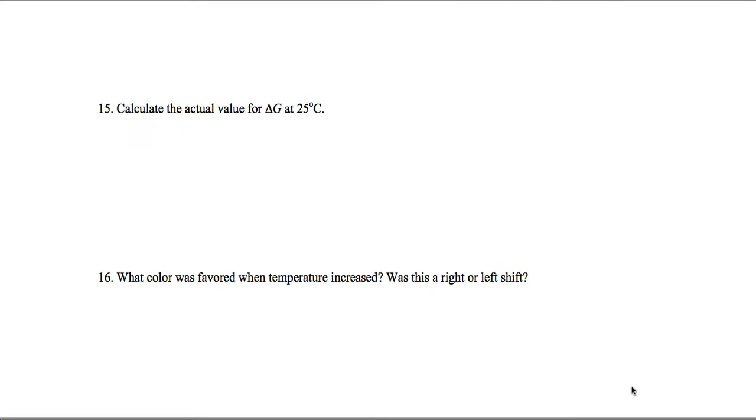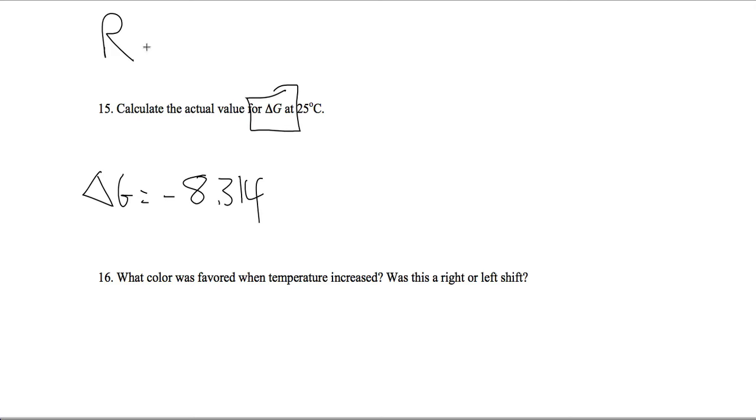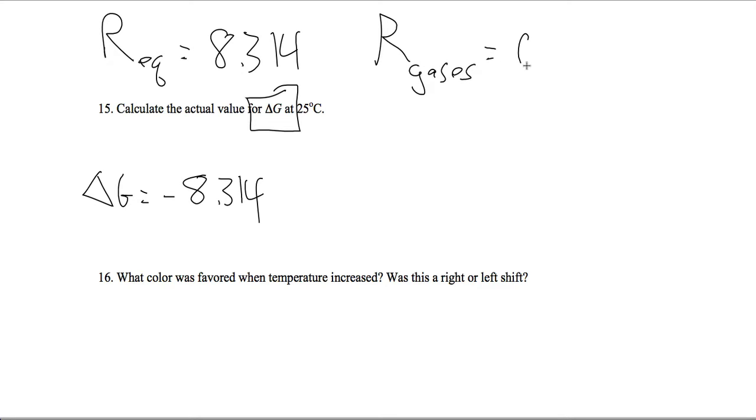For 15, it's actually asking us to calculate the value for delta G. So I'm going to set it up as usual, and you can plug those numbers into your own calculator. Delta G equals negative R, 8.314. It's important to remember that R for equilibrium is 8.314, and R for gases equals 0.0821.